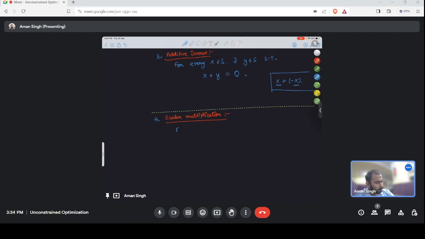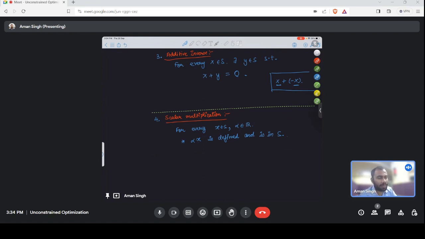So for every x belongs to S and alpha belonging to R, so let's say alpha is some real number, alpha x, the scalar multiplication, should be defined and is in S. So for example, you can define some scalar times x in your own way.